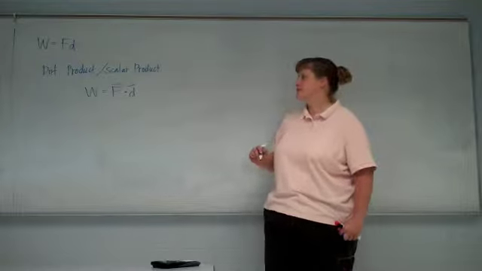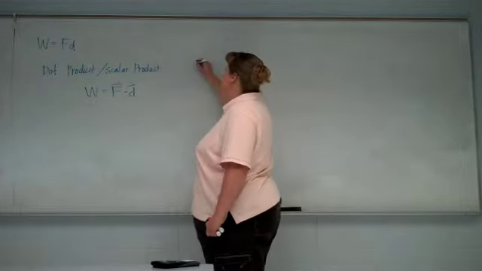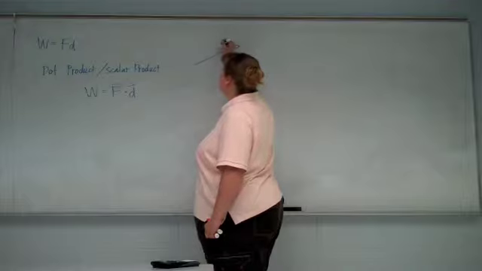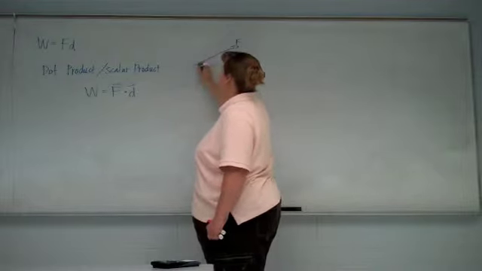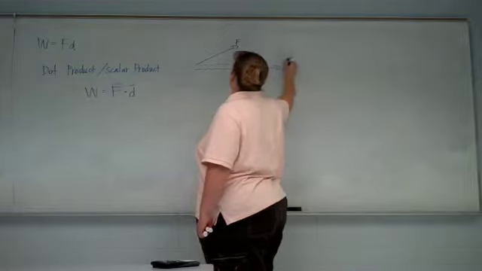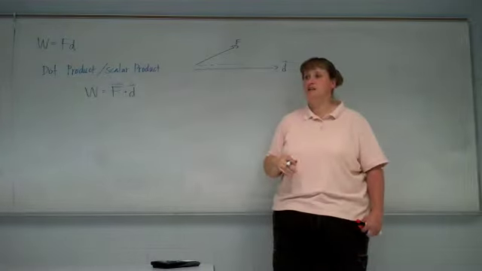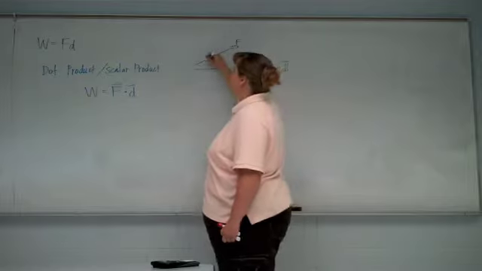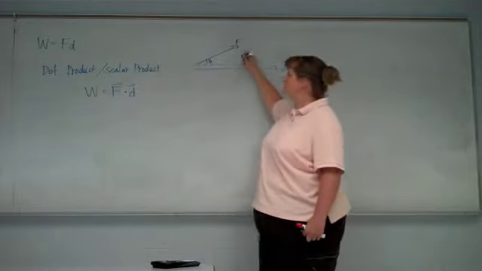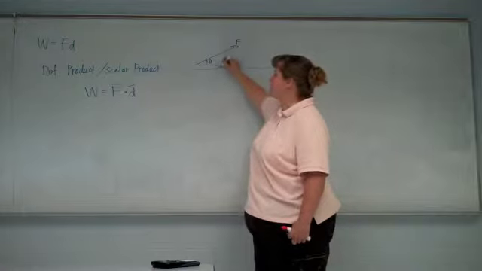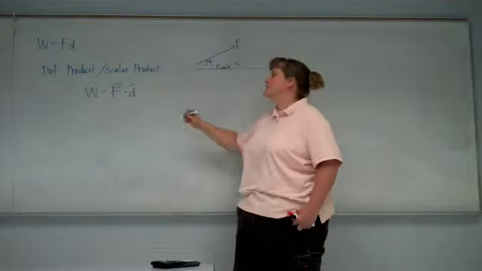If we go back to that other example we did, if we had a force, F, that was applied to an object that moved horizontally, D, then all we needed was the component of the force that was parallel to D. So all we needed was this piece. This was force cosine theta.